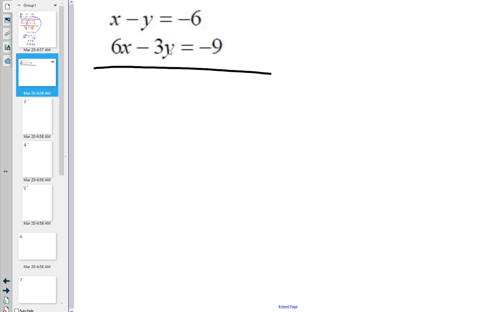What would be the best method for this one? Elimination also. We can get rid of whichever variable, just like the last one, but unlike the last one, the signs aren't leading me to any one particular variable. Both of the x's are positive, both of the y's are negative, so you can just randomly pick. Jonathan, which one would you like to get rid of?